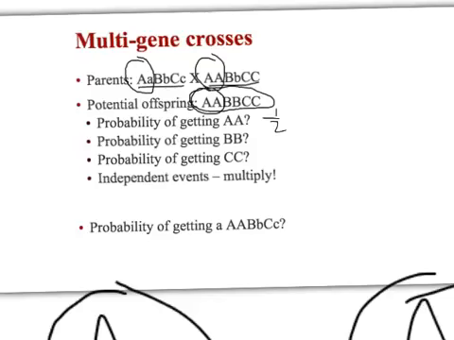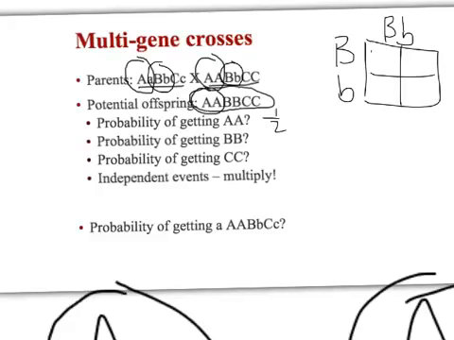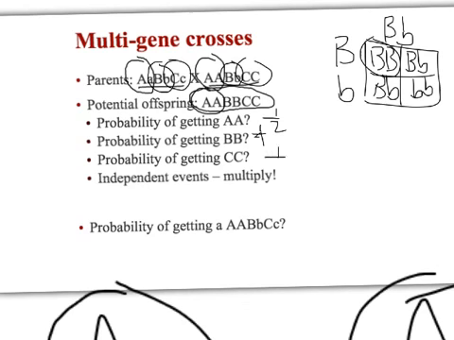Now look at just the B gene. If I have a heterozygous parent for B and a heterozygous parent for B, and I draw up my Punnett square, I see the probability of getting capital B, capital B is just 1/4. And then the probability of getting capital C, capital C, if I have parents who are heterozygous and homozygous dominant, if I do a Punnett square, we'll see that that's also 1/2.